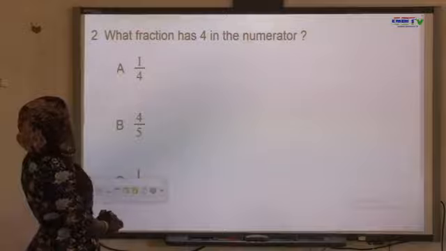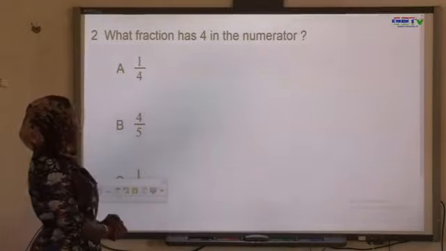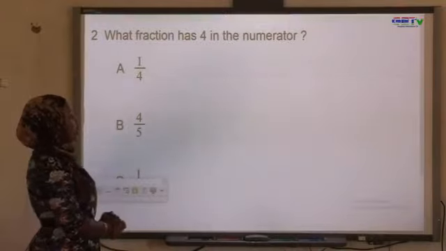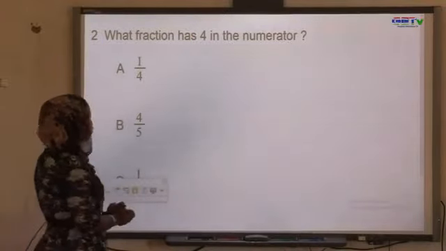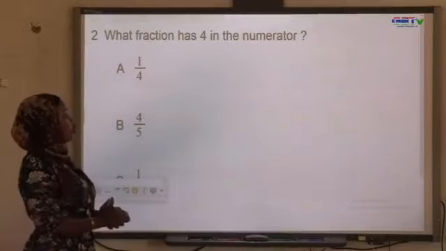We have another question, and it reads, what fraction has 4 in the numerator?